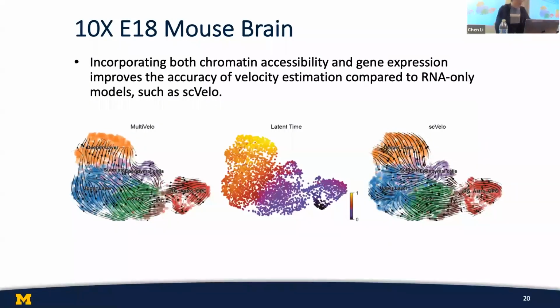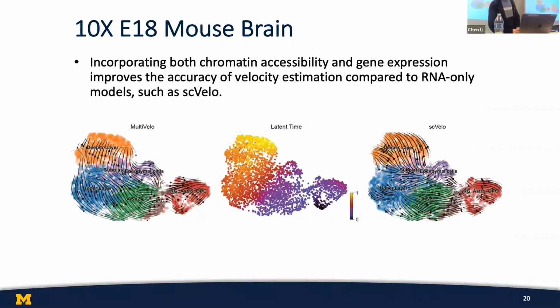The first data set we tested is the 10x Genomics E18 mouse brain data set. It is a public data set on their website. This is based on Cell Ranger ARC 1.0, published two years before.